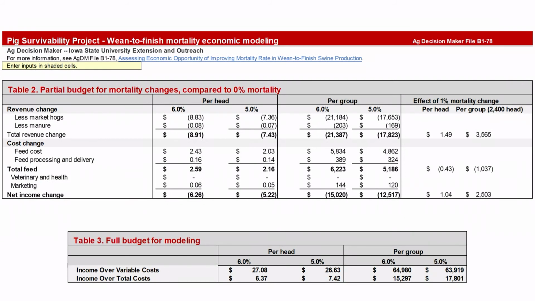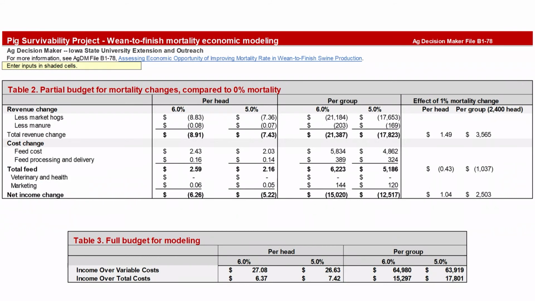Then we look at a cost savings. And so this one takes a little bit of thinking to think about. Well, our feed here, $2.43, that's the savings, but we actually gonna feed more because we have more pigs, right?